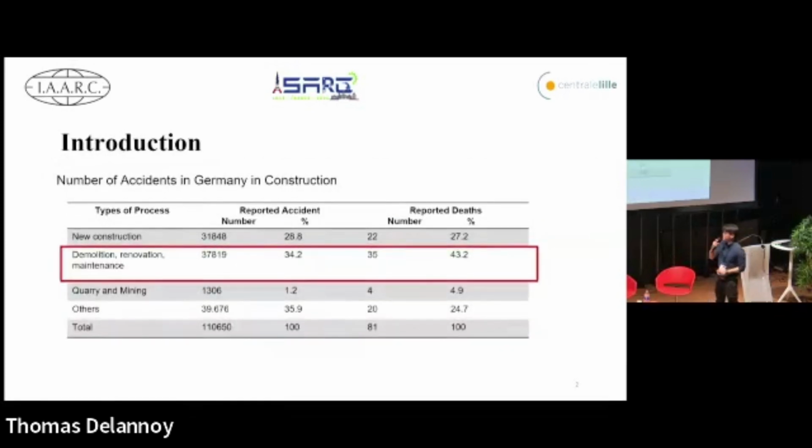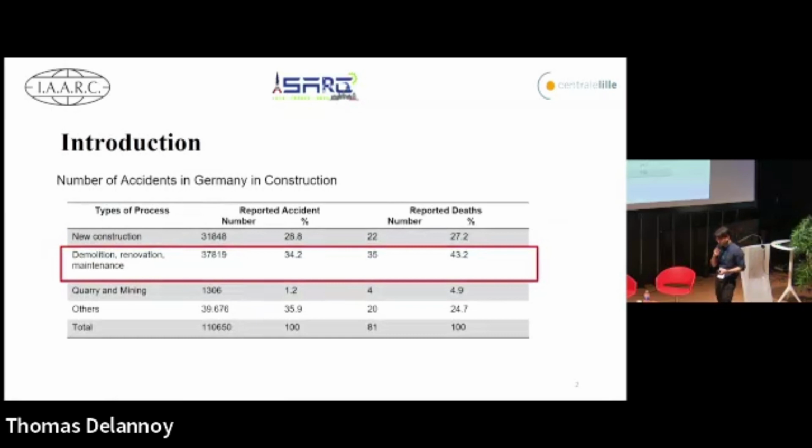So the first question is, why deconstruction tasks? According to one of the annual reports from the German government, in the domain of demolition, renovation, and maintenance, so basically any sort of process that deals with the removal of structure elements from the building, there are reported accidents of 34.2% of the total and a whopping 43.2% of the total reported deaths.